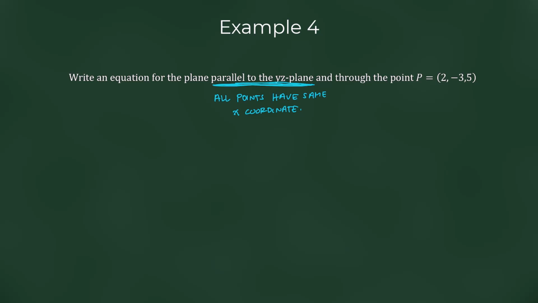Since it has to go through this point, the x coordinate must be 2. So just x equals 2 is going to be the plane that we need. Pretty simple.